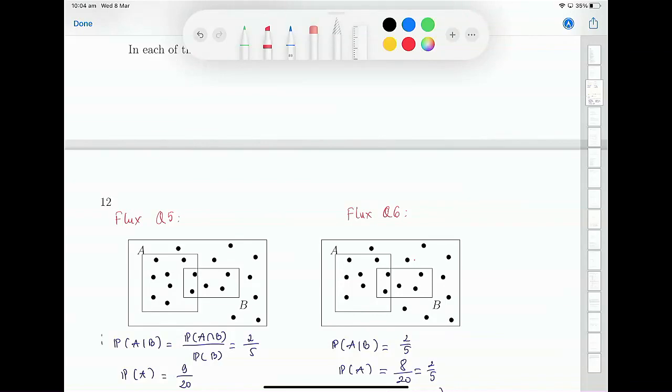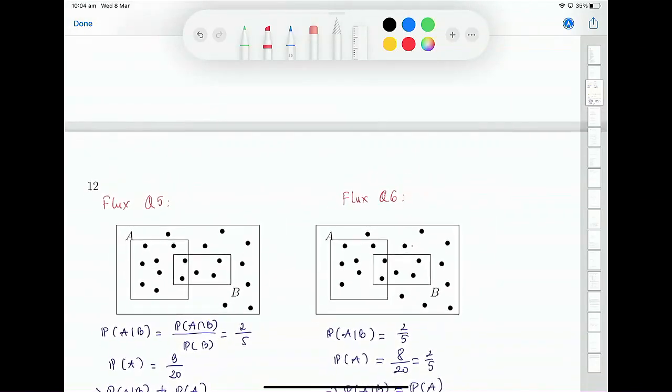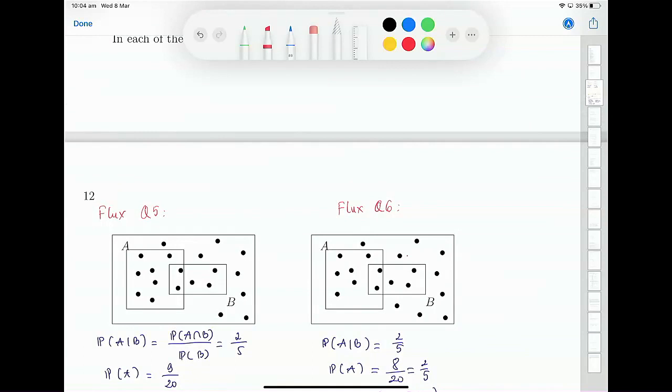In the left hand side picture, the probability of A is 9 over 20, which is different from the probability of A given B. In the right hand side picture, you have the probability of A equal to the probability of A given B, which means that the probability of A given B doesn't change the value compared with the probability of A, right? Even though this is a conditional probability, it's still the same value as the probability of A.